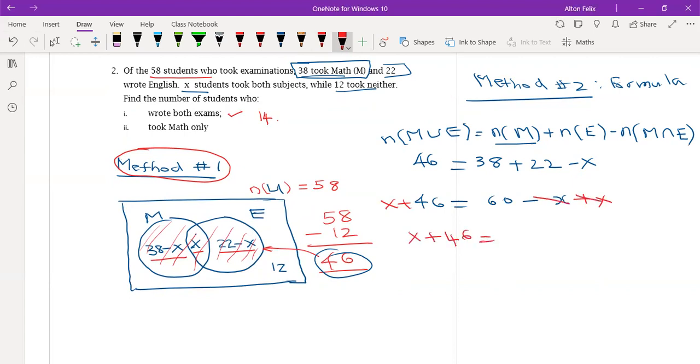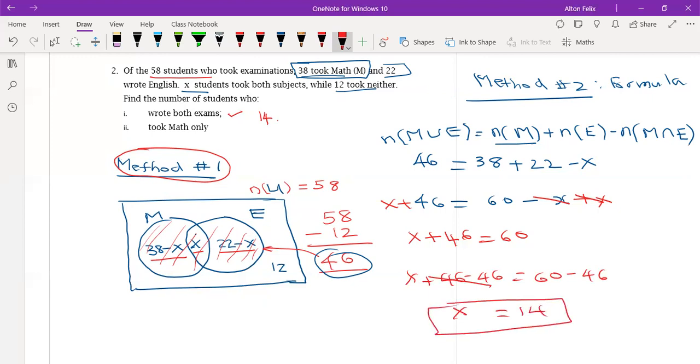So minus X plus X, so we are left with 60. And then let's subtract 46 on both sides. So this will cancel out. So you're left with X equals 14. And we saw that was the answer before.